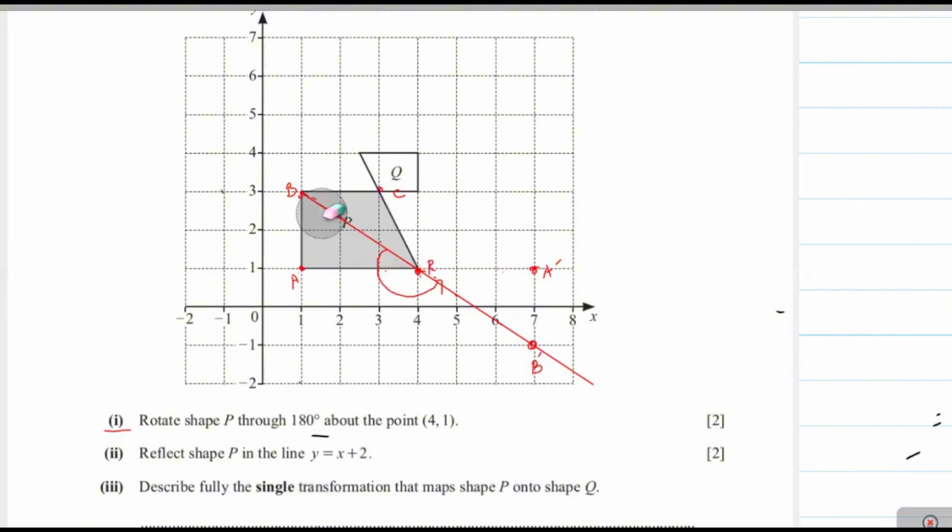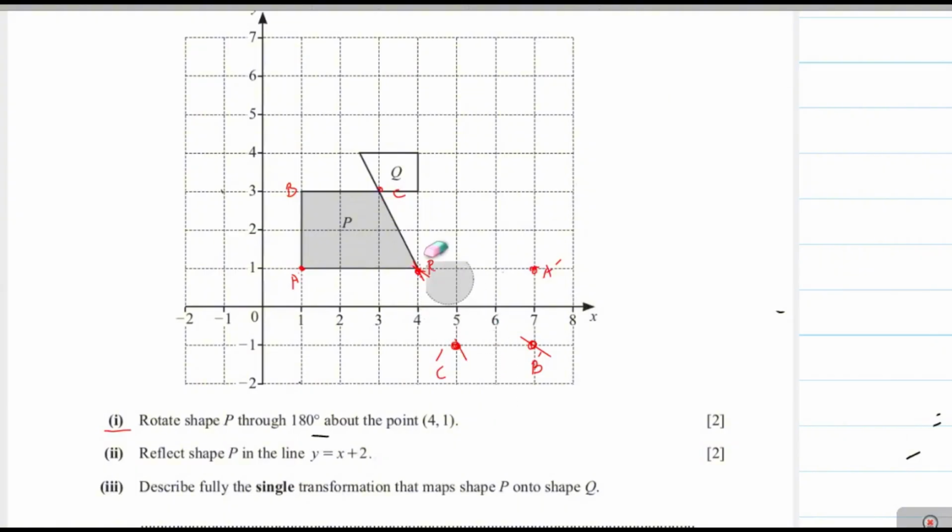Now the third point we can get is if we rotate this line CR through 180. Look here, the distance from C to R is 1 and 2 units. Therefore, when we rotate 180, the position of C dash R will be, this is 1 unit and this is 2 units. This will be the position of C dash.